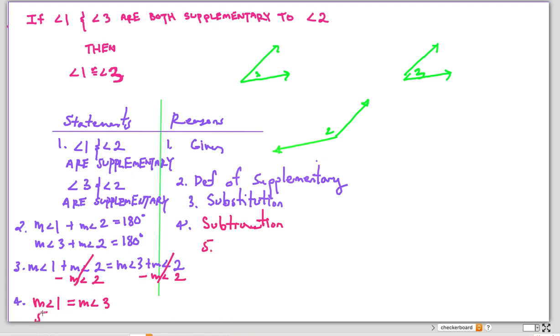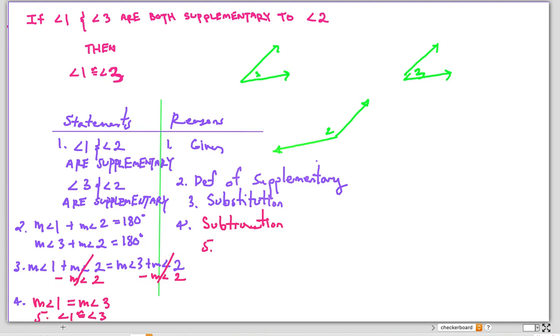You can just write subtraction, 5. And the last statement we must not forget: if the measures of two angles are equal, then the angles are congruent.